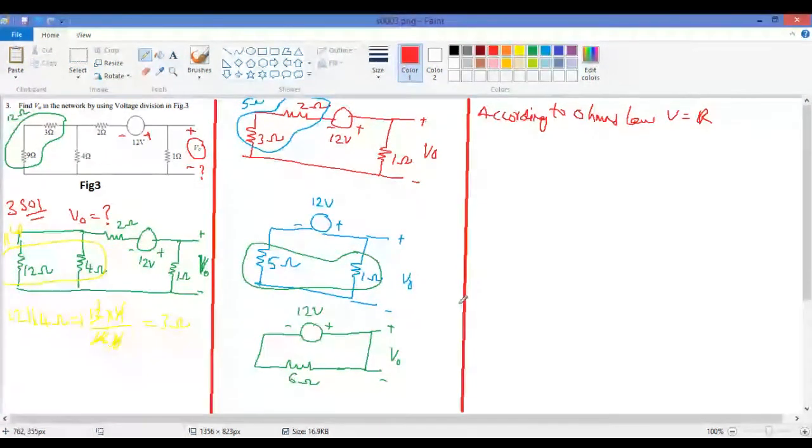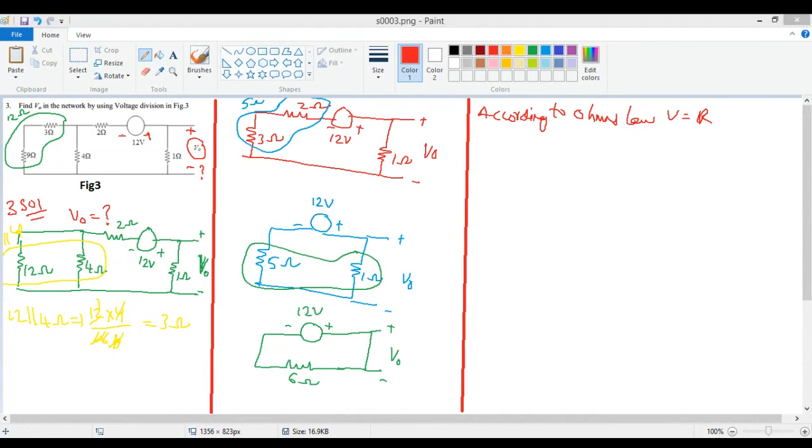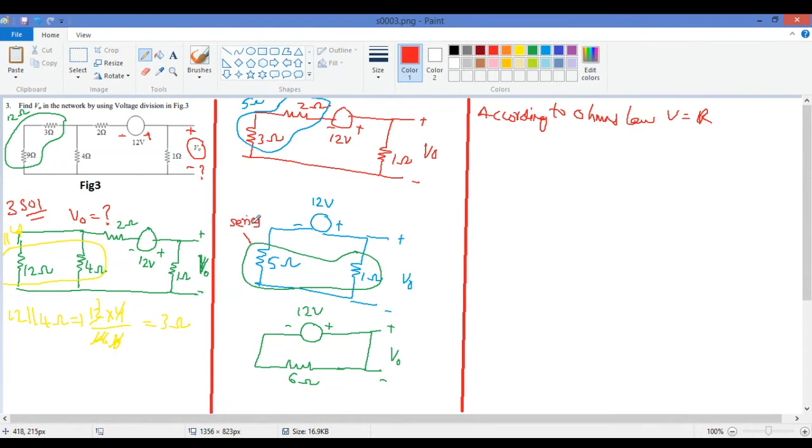So we have V and we have R, so we can find out I. Any doubt? Yeah, they are in series because of an open circuit. That's what I have written. This is series. Okay, good question.